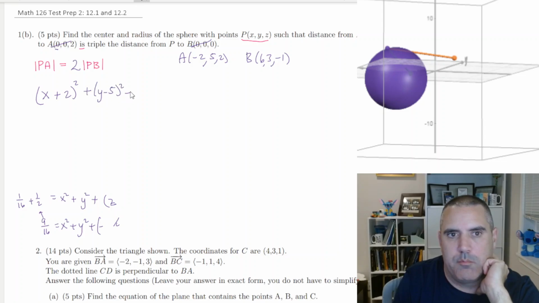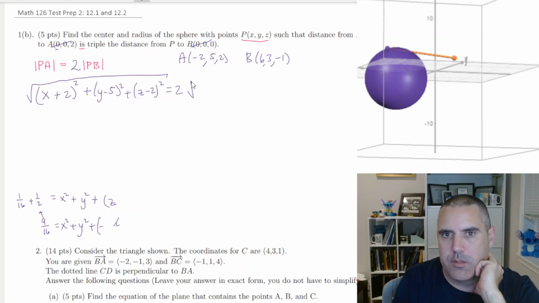A little side hope of mine. So this with the square root is equal to 2 times the other with the square root. Now, part of why I had you do a simpler example first is you kind of can see your way through the solution. It's always a good strategy to do some of the simplest examples you can do if you're going to do a hard problem.